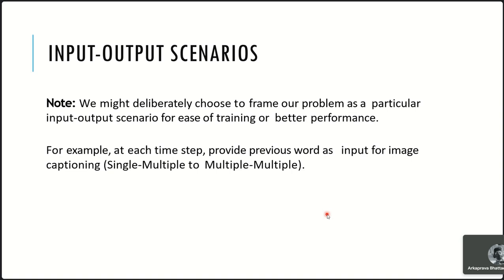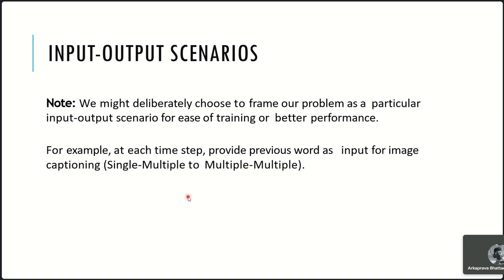For example, if you want to do machine translation, you are supposed to use multiple to multiple. And if you just want to do sentiment analysis, then you would be using multiple to single.